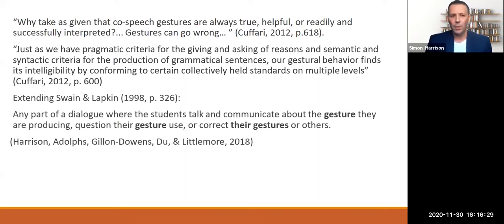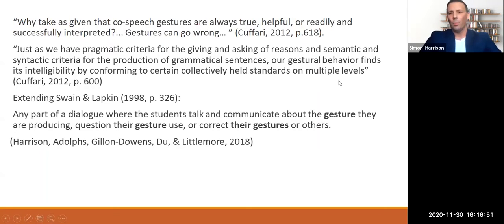So one way to show this is to just expand Swain and Lapkin's definition of language-related episodes to include gesture-related episodes, which would be any part of a dialogue where the students talk and communicate about the gesture they're producing, question their gesture use, correct their gestures, struggle with gestures.